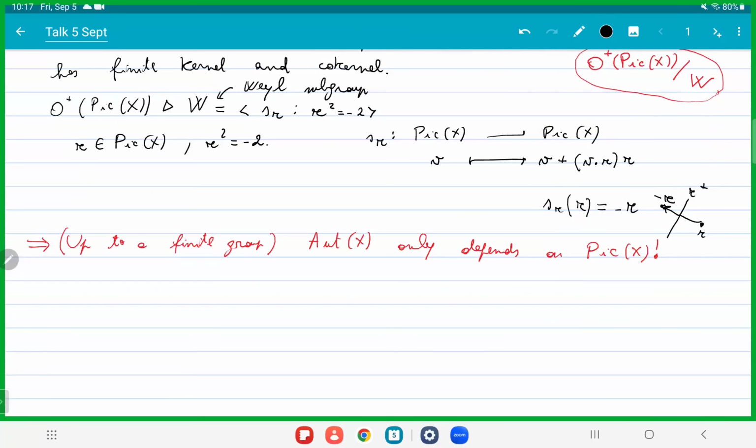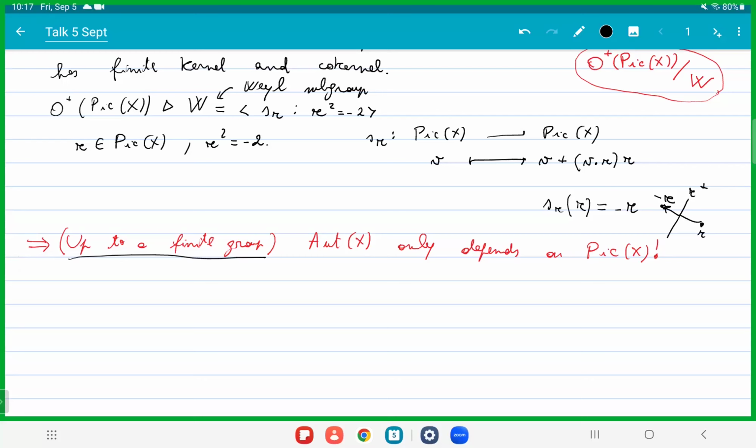And so now I'm able to rephrase our original question of which K3s have a virtually abelian automorphism group into a more refined question: which Picard lattices of K3 surfaces lead to a virtually abelian automorphism group. Because of course, this finite group does not change the fact that a group is virtually abelian, right? Virtually is literally up to a finite group.